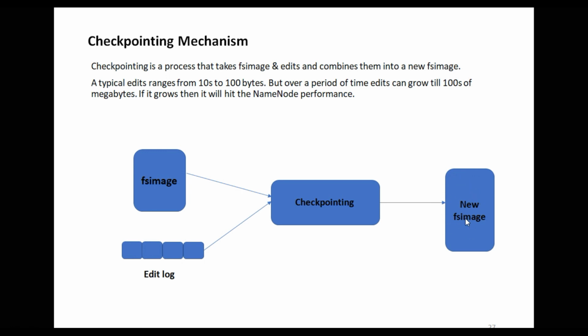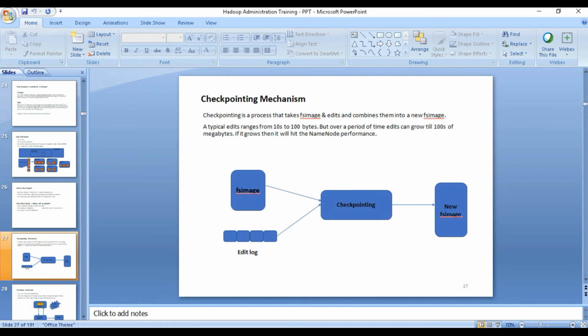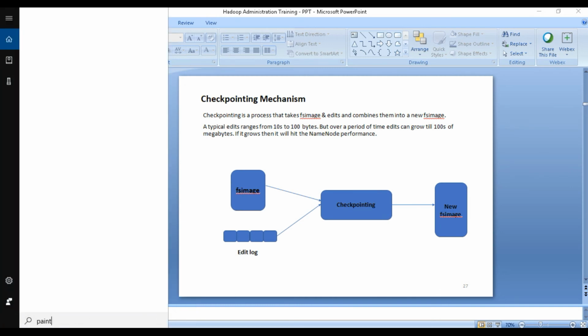Once checkpointing is done, it means FS image plus edits are merged, and the edit logs will be zero. Let me open a new paint to show what it means.